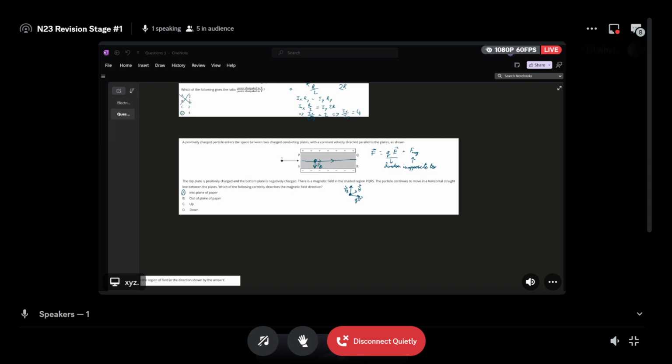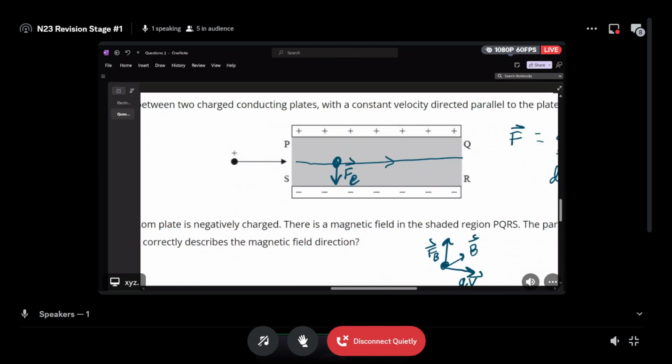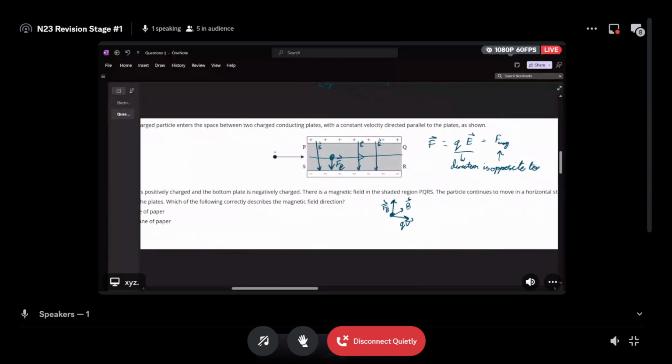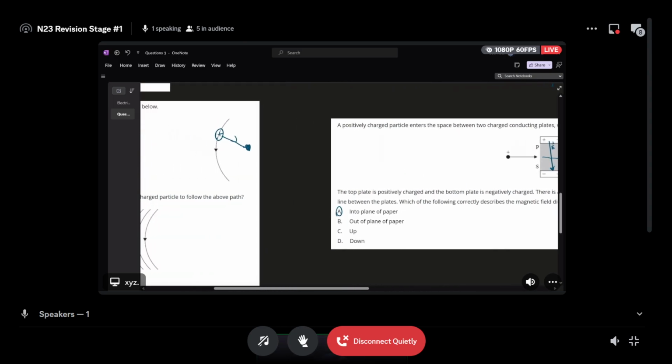Yes. So if there were no magnetic field, the electrostatic field, E, the electric field, means that the particle is attracted to the negative plate. But we are told that it continues to move in a horizontal straight line.